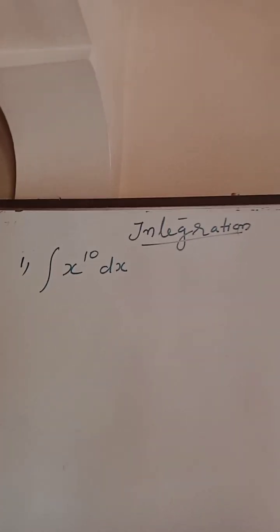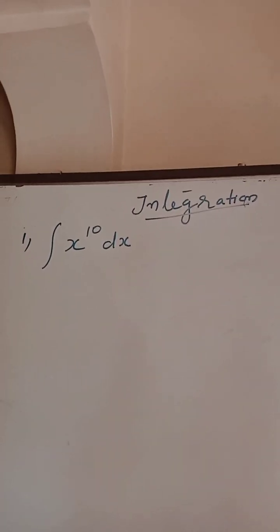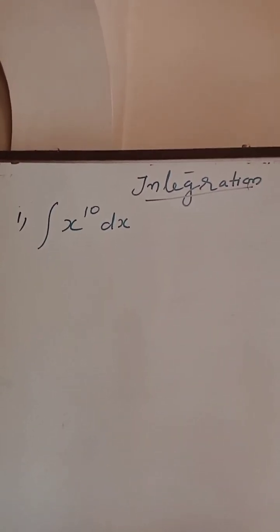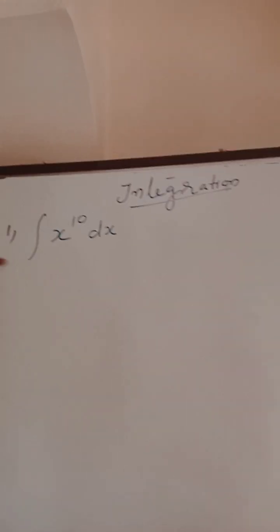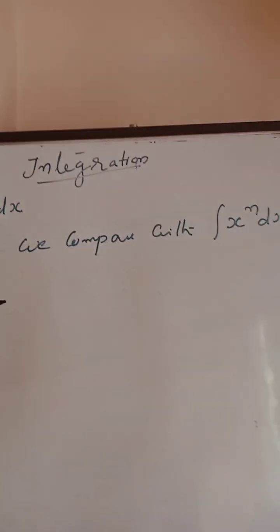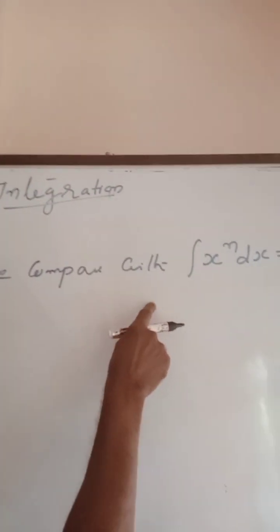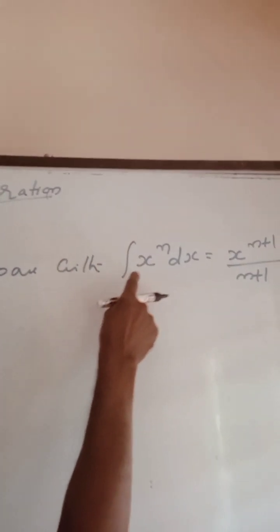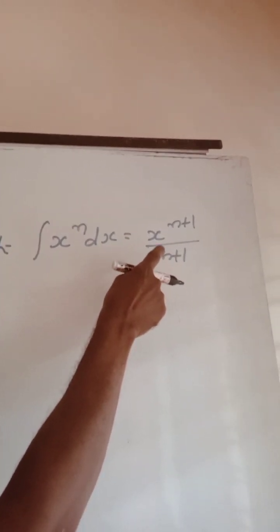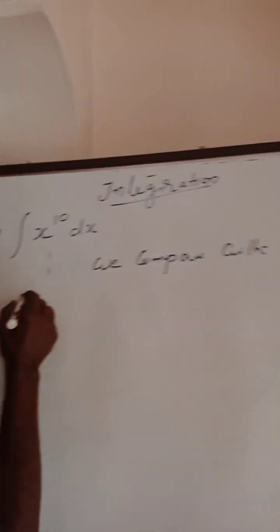Before going to part 2, we do some basic problems based upon the given results and properties. First question is integration of x raised to 10 dx. This we can compare with the result integration of x raised to n dx is equal to x raised to n plus 1 divided by n plus 1.